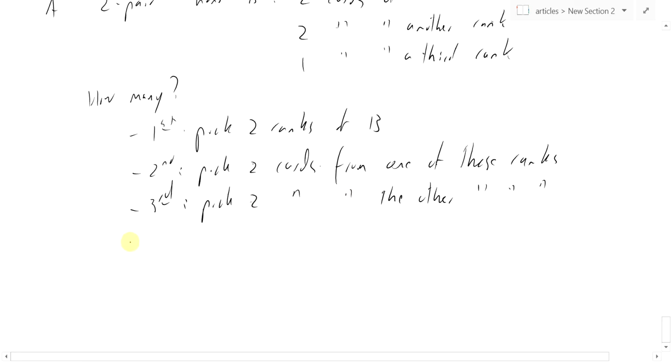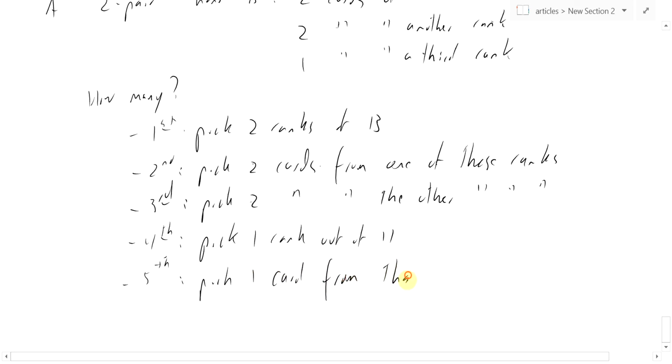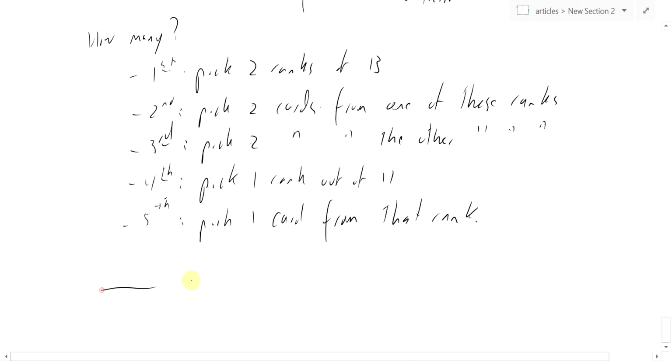So 4th step, pick 1 rank out of 11. Remember, we already picked 2, so we've gone down from 13 to 11. And then 5th, pick 1 card from that rank.